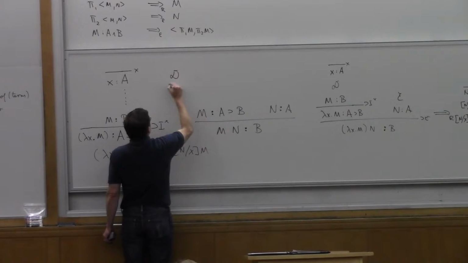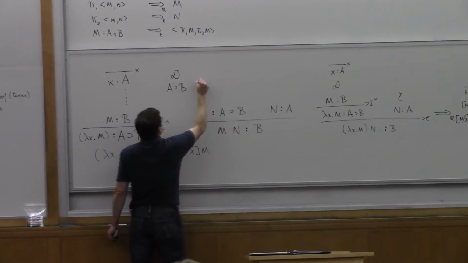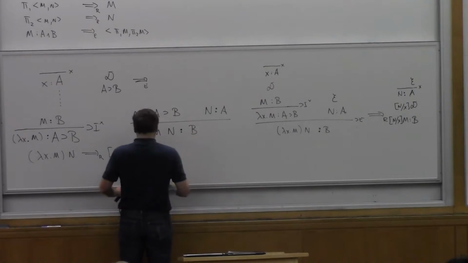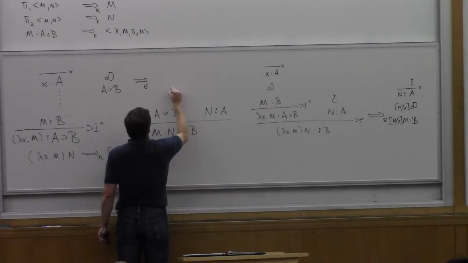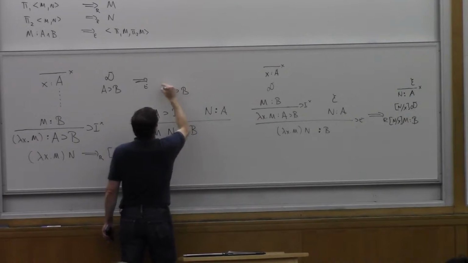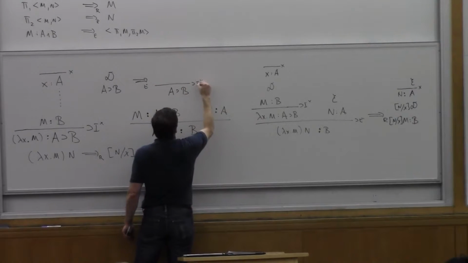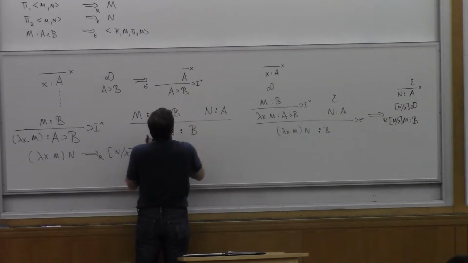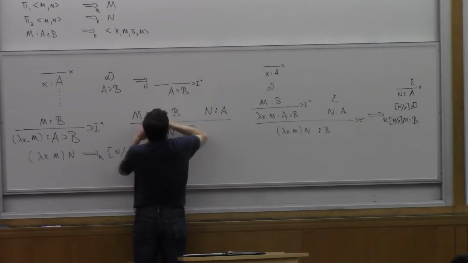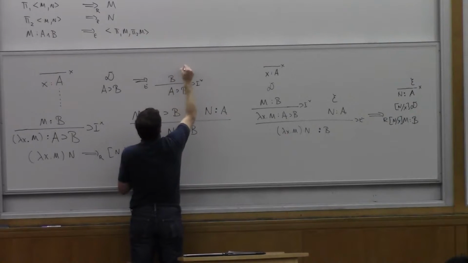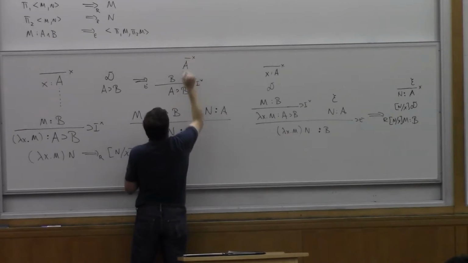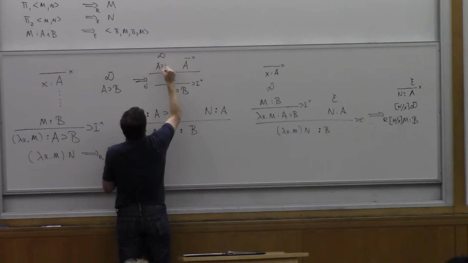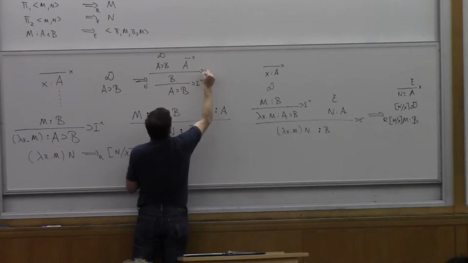We have an arbitrary proof of A implies B. We're trying to find a proof of A implies B, which proceeds by implication introduction, introducing x, which proves B. And I prove that from D by implication elimination.